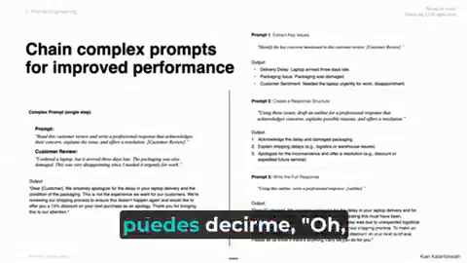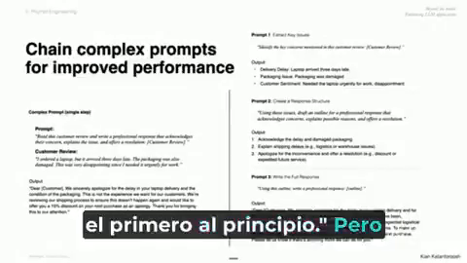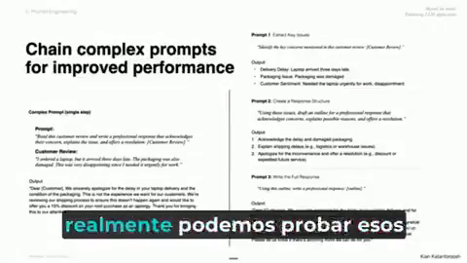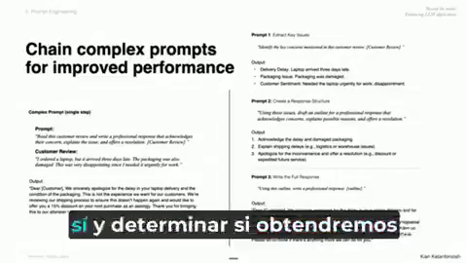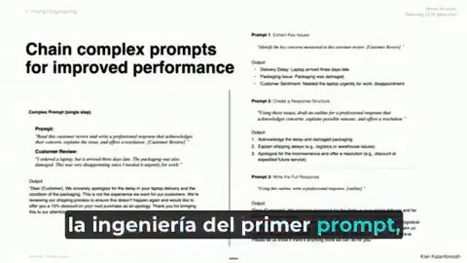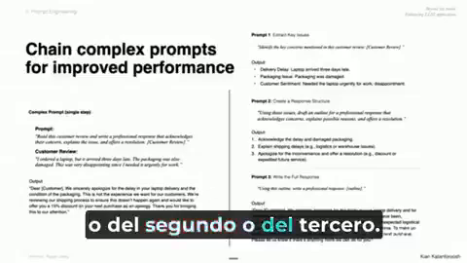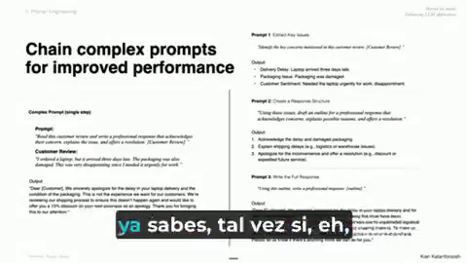So in theory, you can't tell me the second approach is better than the first one at first. But what you can notice is that we can actually test those 3 prompts separately from each other and determine if we will get the most gains out of engineering the first prompt, optimizing it, or the second one, or the third one. We now have 3 prompts that are independent from each other.